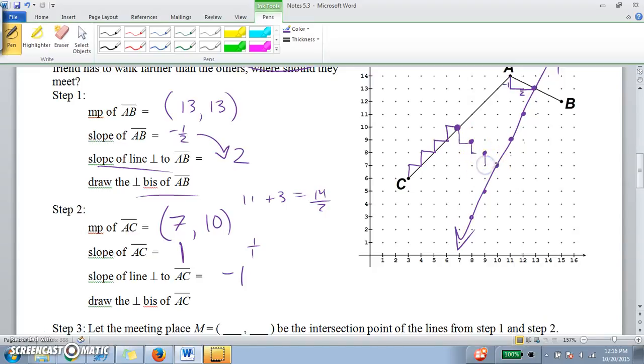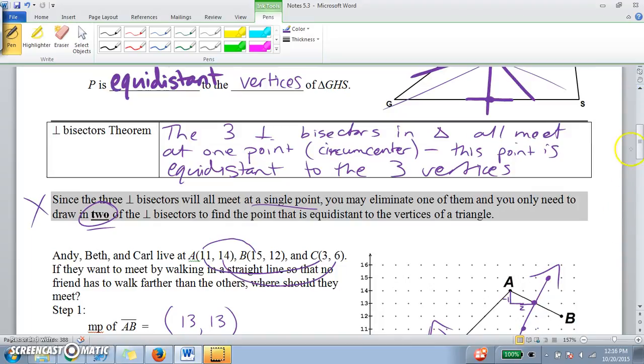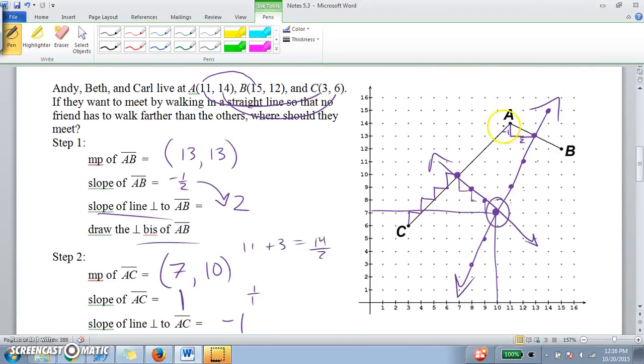So if I keep doing that, eventually I'm going to hit at this point right here. So this point right here, which has coordinates 10, 7, is going to be our meeting place, which is equidistant between all three of these, A, B, and C.